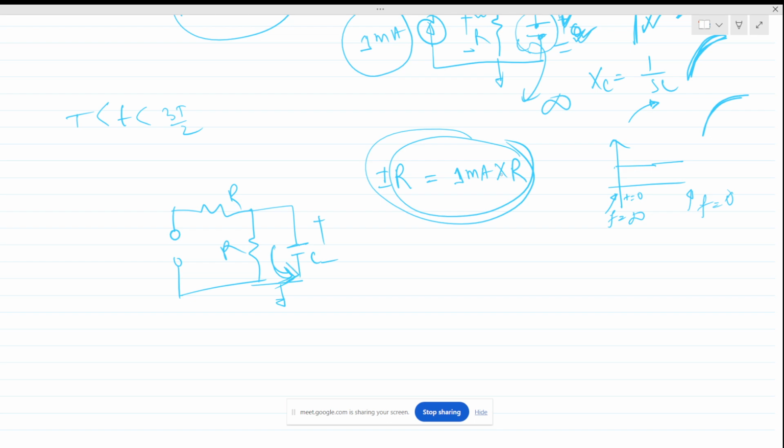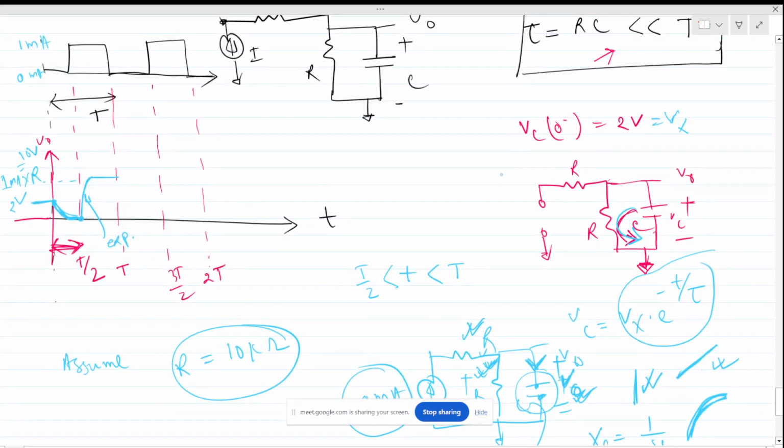And again we are assuming that discharging is very fast. Again, exponential decay and very fast discharging. So every cycle it will be like this. So this is the transient and this is the steady state case.